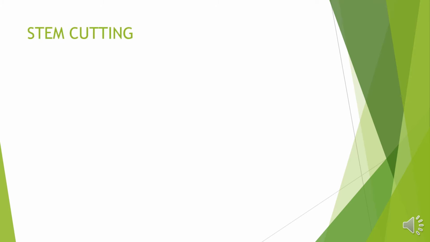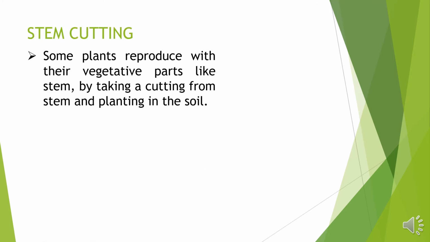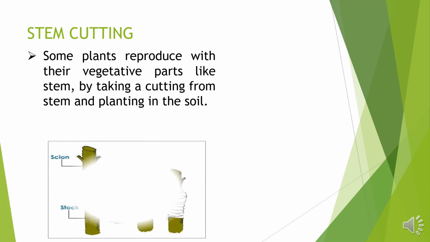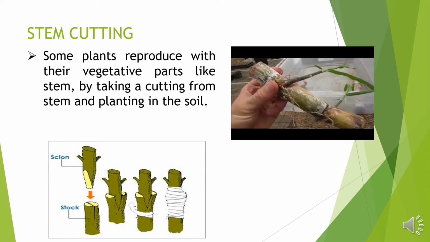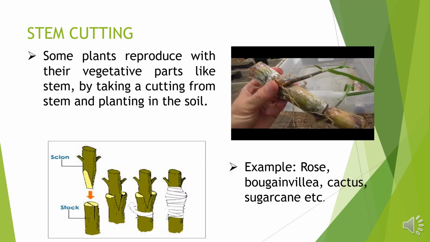Stem cutting: some plants reproduce with their vegetative parts like stem, by taking a cutting from the stem and planting it in the soil. For example, rose, bougainvillea, cactus, sugarcane, etc.